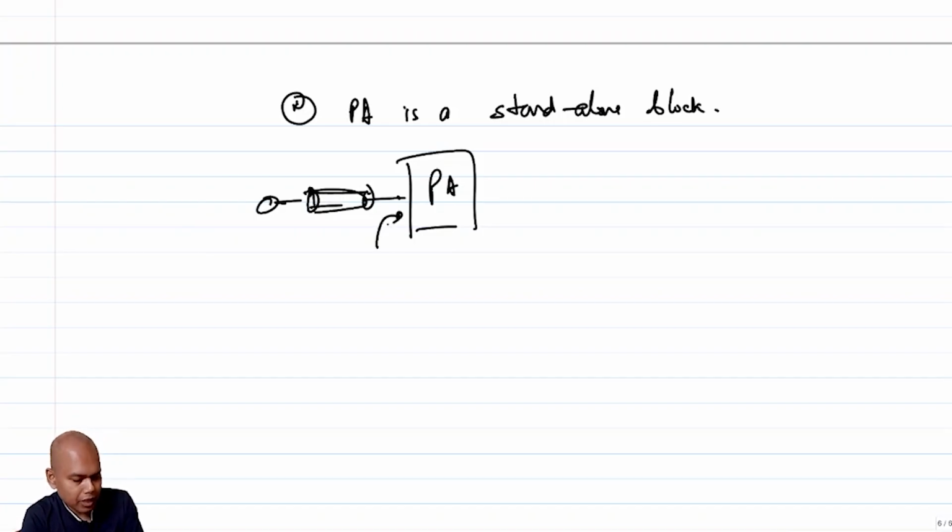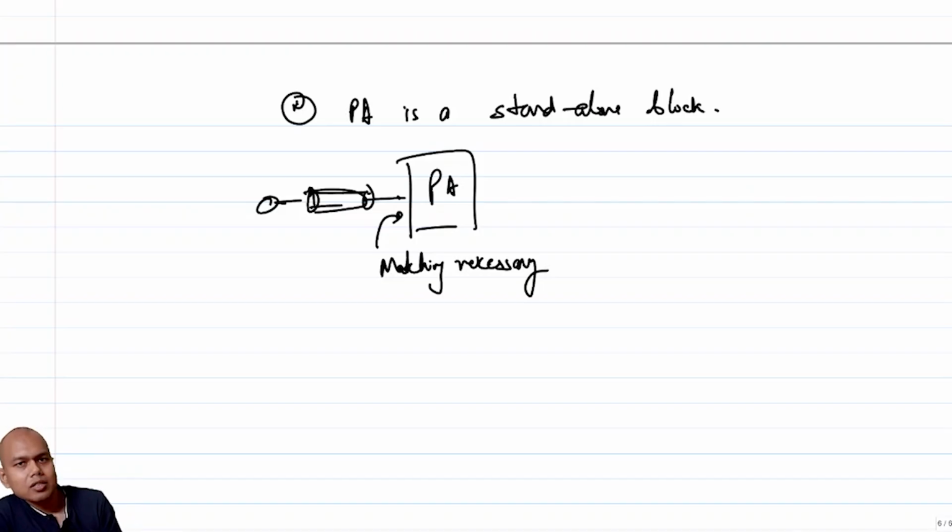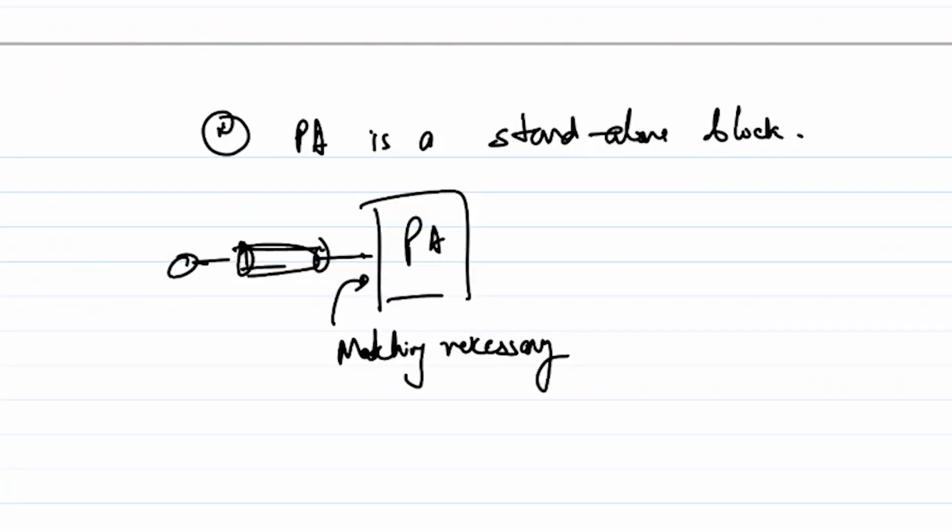Which means you will need matching. The moment you need matching, you will not have a capacitive load, you are going to have some sort of resistive load, right? Which means that you are going to draw power from the input. So in those circumstances also, PAE becomes important.